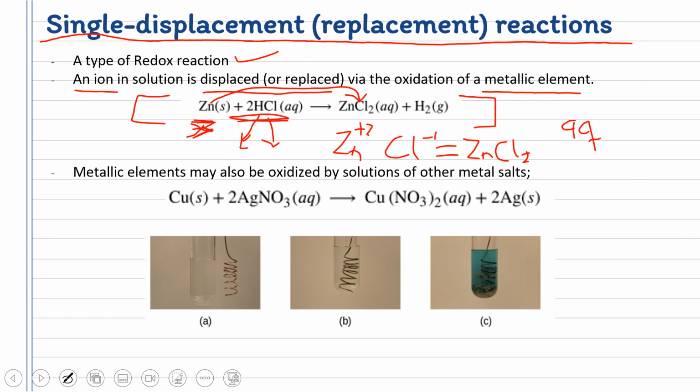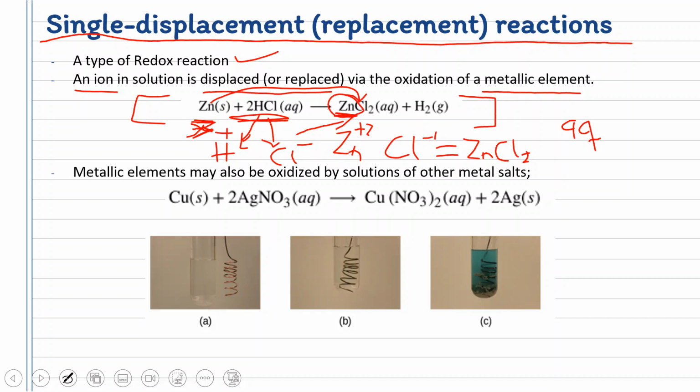In this compound, we could see that the ion was hydrogen. We had hydrogen plus and chlorine minus. The ion here was hydrogen. Now look at this side of the equation. You're going to see that now hydrogen is no longer here. In place of hydrogen, what do you see? Zinc.